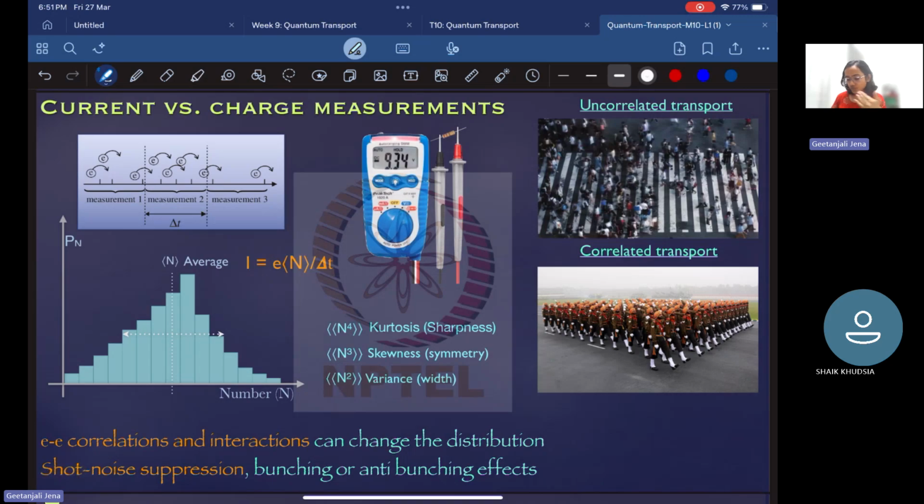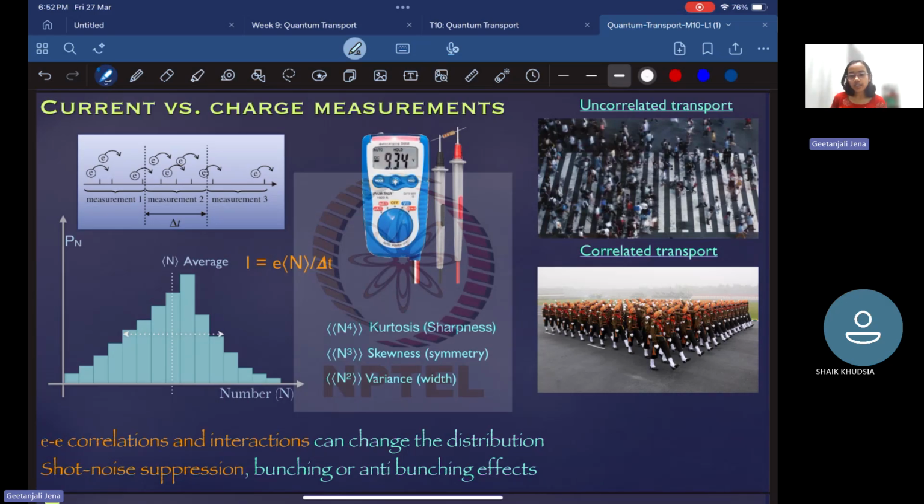The charge motion through a device, or let's say we have a device and we are measuring the charge, can be uncorrelated or correlated transport. This we have seen in our first lab session.